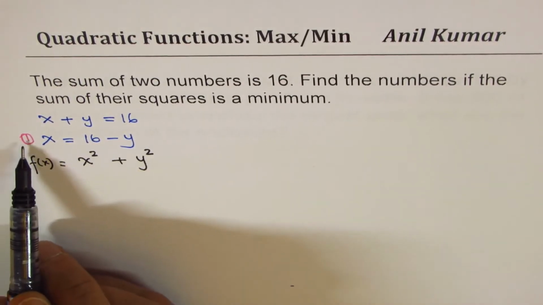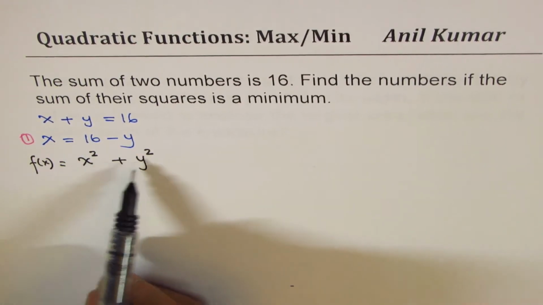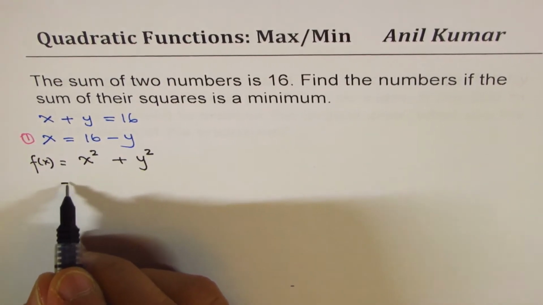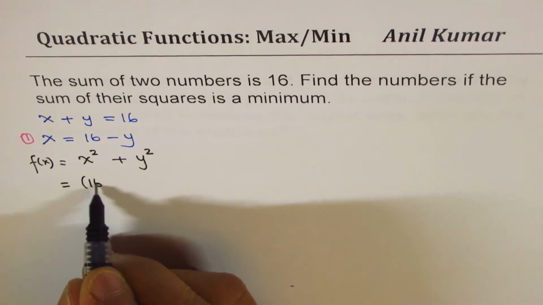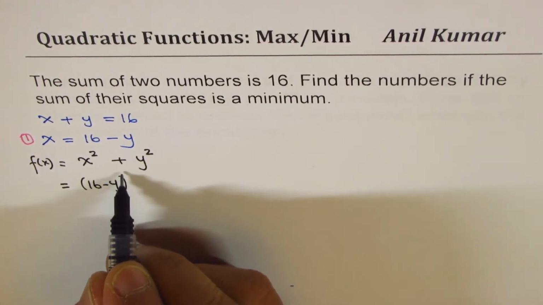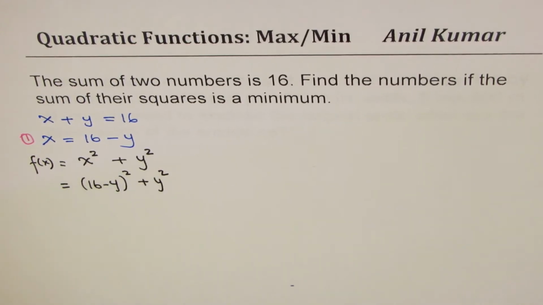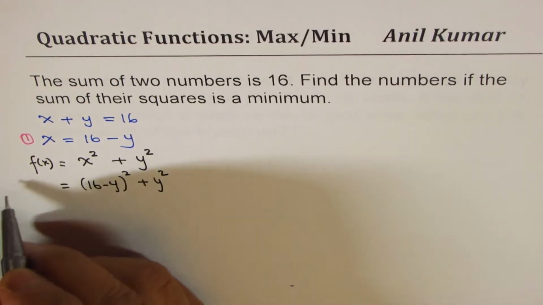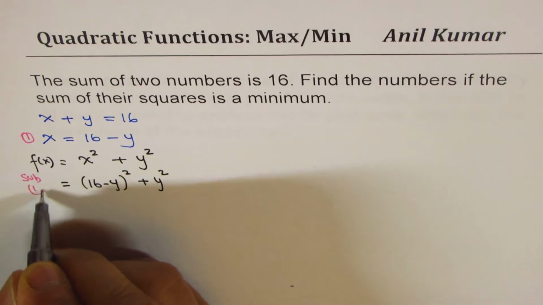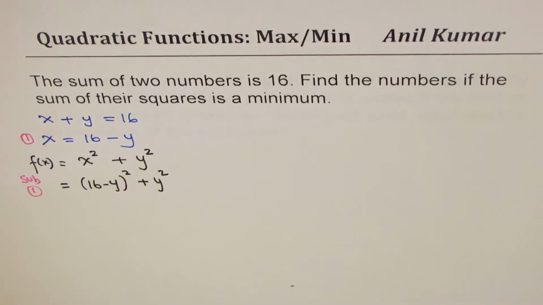So we substitute the value of x to get the function in y: 16 minus y whole square plus y square. So what we did at this stage was substitute 1 in it.